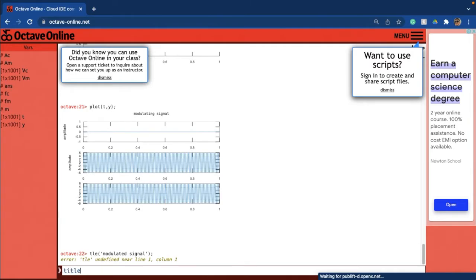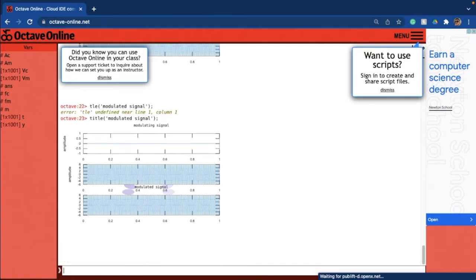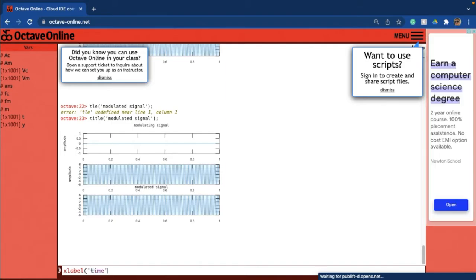Title: modulated signal. And X label. Now you must be frequent with this, we have written it a third time here. X label: time. Y label: amplitude.